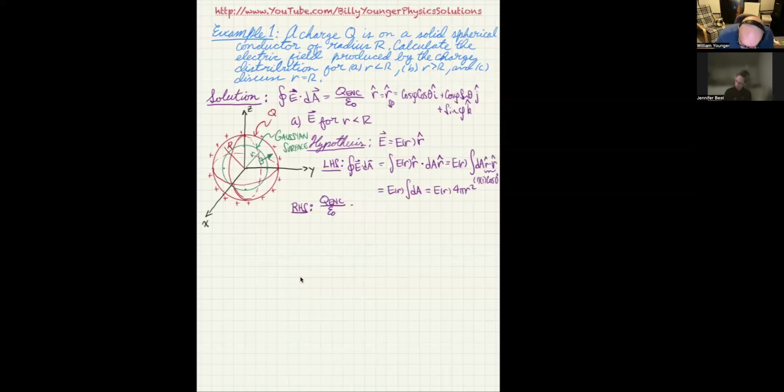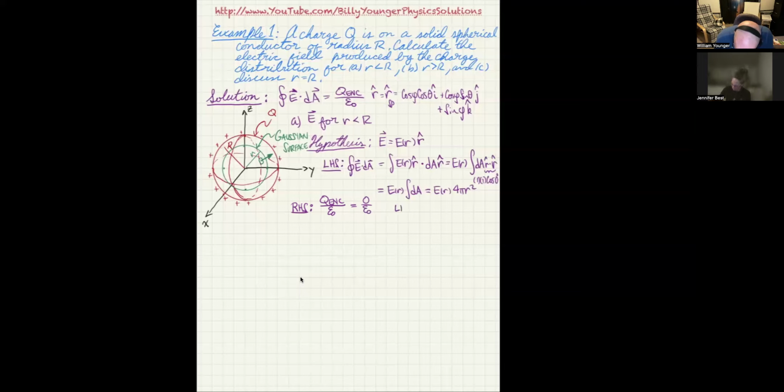Do you know how much charge would be enclosed inside of that conducting sphere, Jen? So what we learned in chapter 21, again, and I tried to remind you guys about, was that when you place charge on a conductor, it's all going to go out to the outside edges. So there should be absolutely zero charge on the inside. So I'll write that as 0 over epsilon naught.